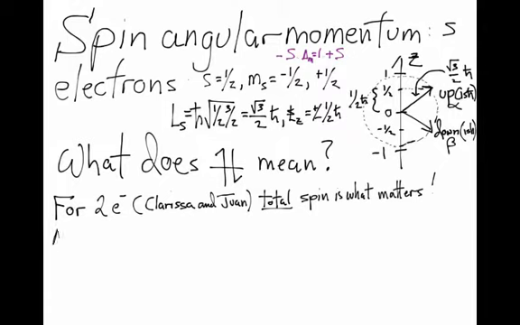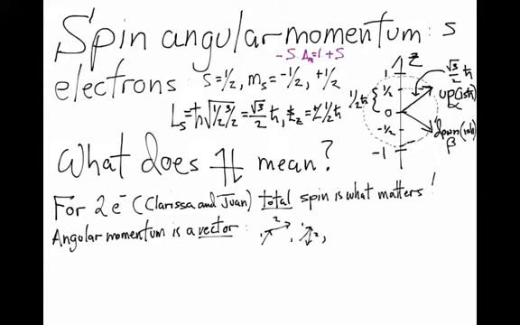So the total spin, the total angular momentum, is going to be a vector, right? Because we have these vectors going in a general up and a general down direction. So the total angular momentum is going to be a vector, and that thing has to obey the quantization rules. But we can add it however we want, right? If we didn't have quantization, we'd have one vector of a length √3/2 h bar and another one of the same length, but they'd be pointing Lord knows in what direction, right?